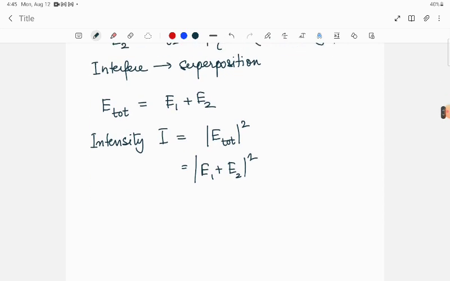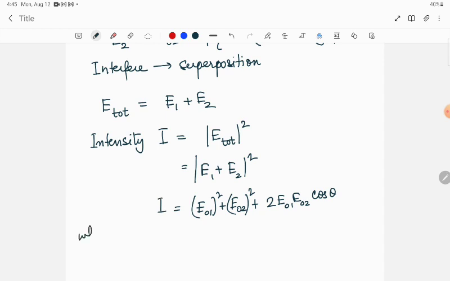What you will eventually get is E01 square plus E02 square plus twice E01 E02 cos theta, where theta is nothing but the phase difference.